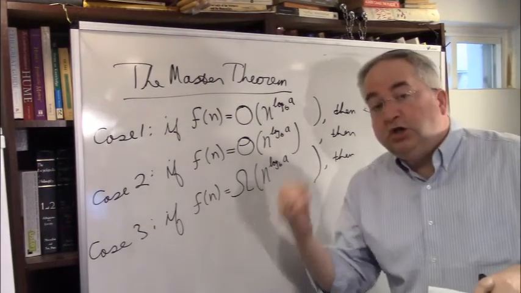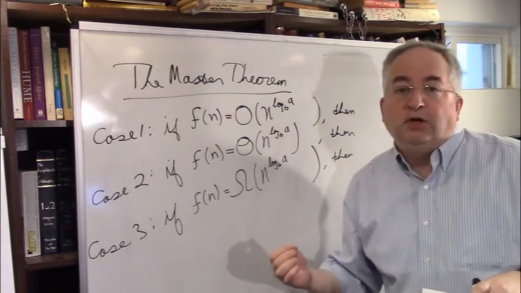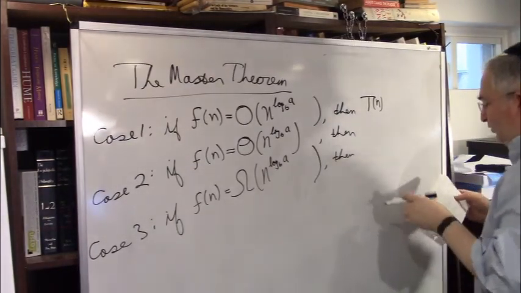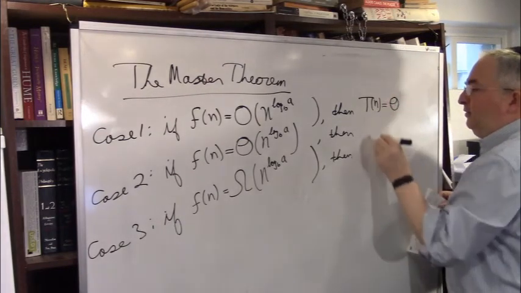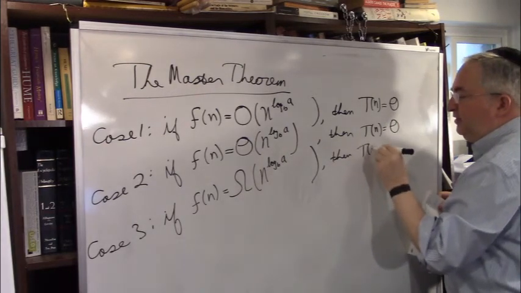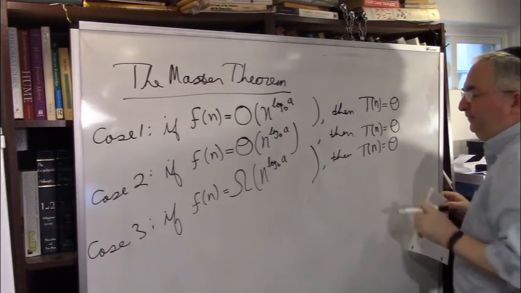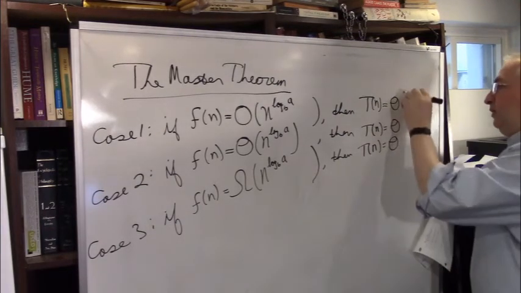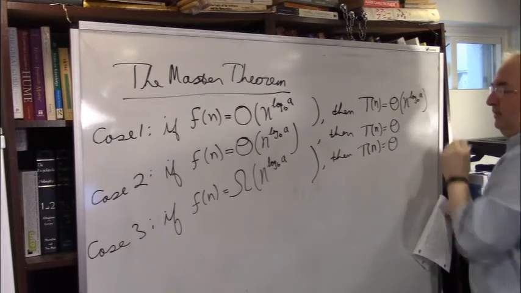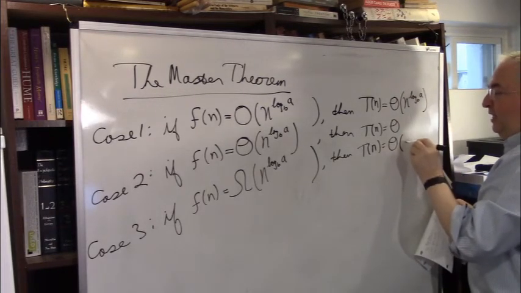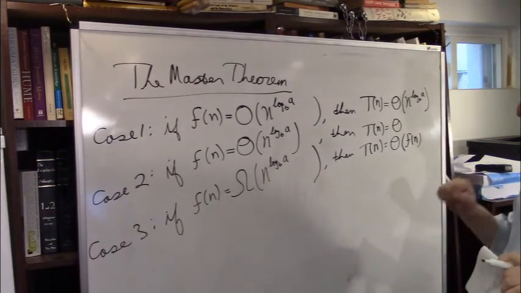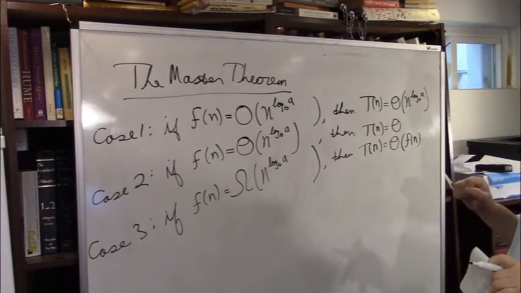To give us closed forms, to give us functions for our recurrence formulas. Each one of them is going to tell us what T of n is equal to. T of n is equal to theta of n to the log base b of a, and down here it's f of n. It's always the thing that grows faster.